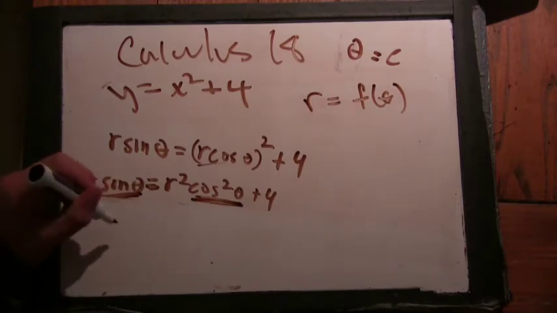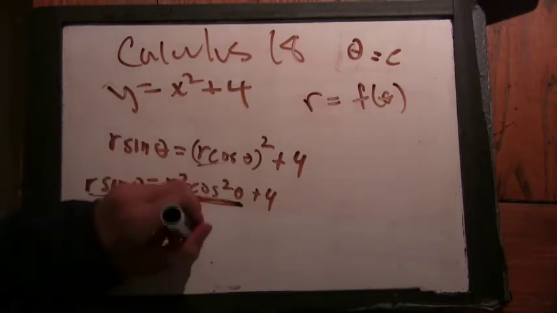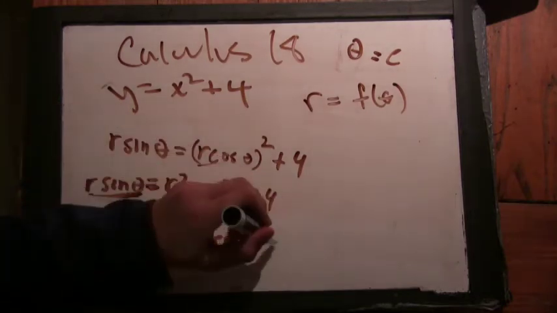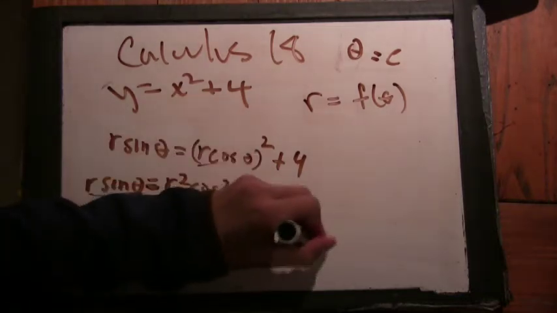So we're going to have r squared cosine squared theta minus r sine theta plus 4. Finish writing the equation, that equals 0.